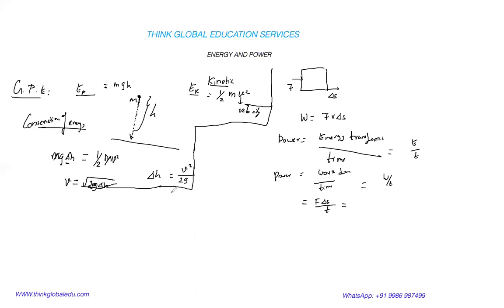Now we have discussed power, and we can discuss efficiency. When we have power, we want to discuss the efficiency of the work which we do. That's what determines the usefulness of the work. Efficiency is nothing but useful work done divided by total energy input.